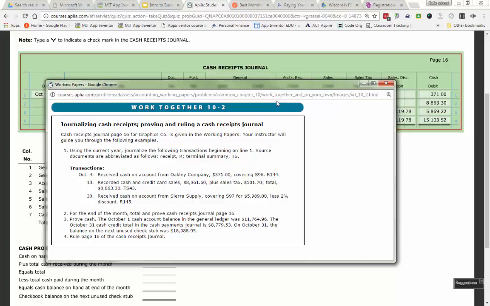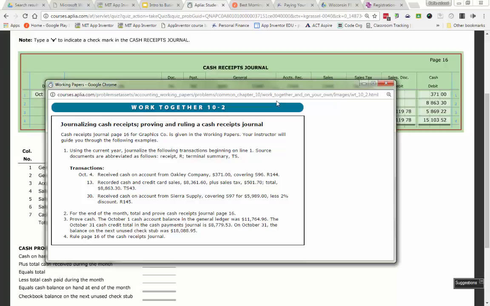It says proof cash. October 1st cash account balance in the general ledger was $11,764.96. That is given to us. They also said from our cash payments journal, we have cash going out of $8,779.53. And then it says our checkbook balance is $18,088.95. Those three numbers I am going to plug into these spots.